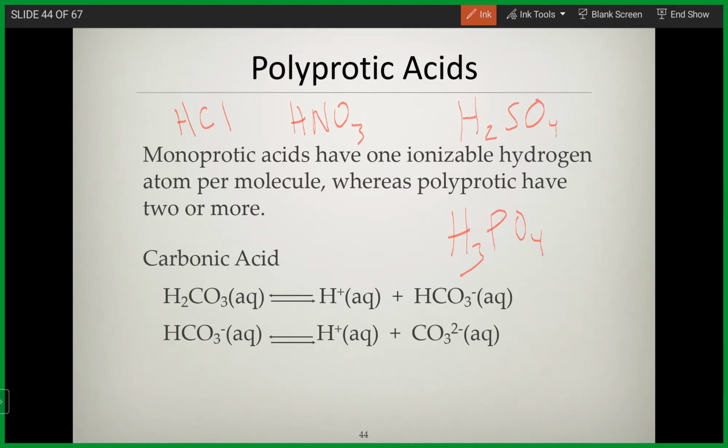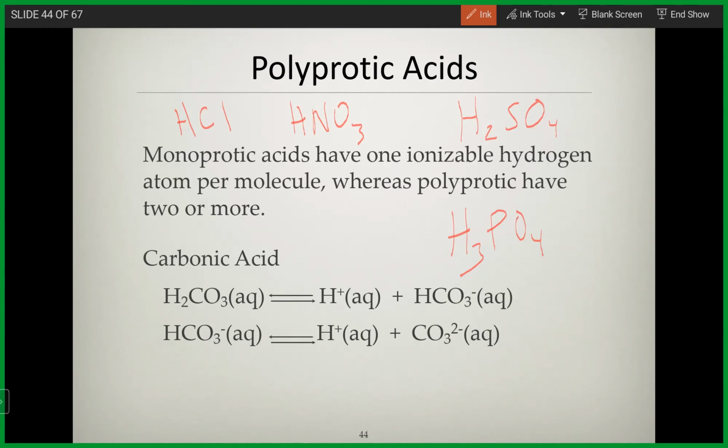carbonic acid, these substances are going to have a different equilibrium for each of those different ionizations. So if you look at the carbonic acid, H2CO3, if it gives up that first proton, it still is HCO3 with the negative charge there. So that's why we've got that second dissociation.